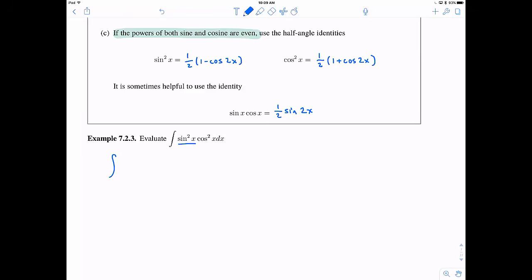So in this first case, I'm going to look at this as sine squared of x. So I'm going to substitute in with my new half-angle identity here, or power reduction formula if you like. And then cosine squared, again, I will substitute in with my identity. Let's see, there's 2 halves, so I can factor these out, and I'm going to get 1/4.